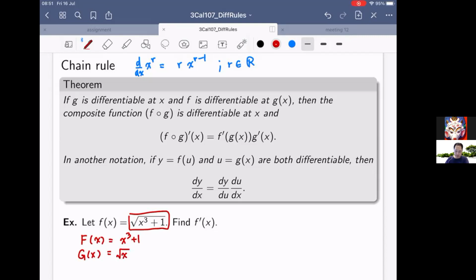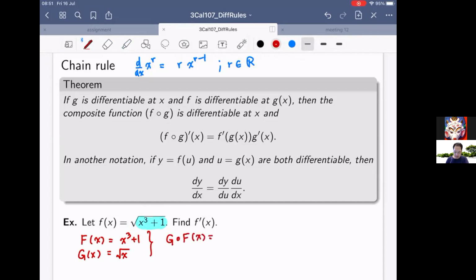You just look at the whole thing inside as a single term, x. So you have g of x as the square root of x, and then this becomes g composite F, right?